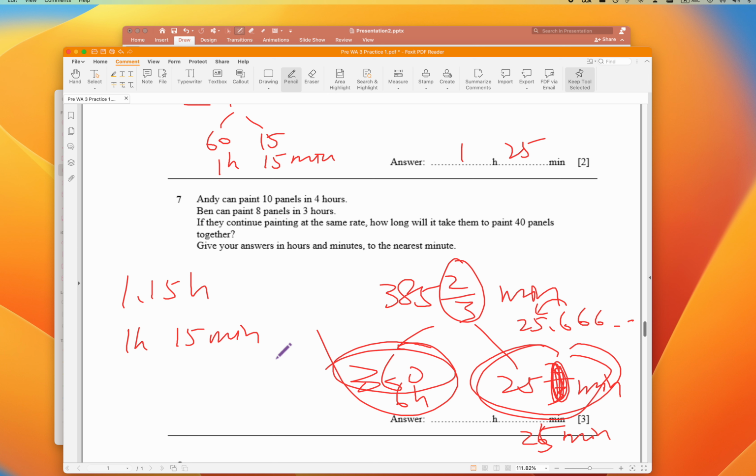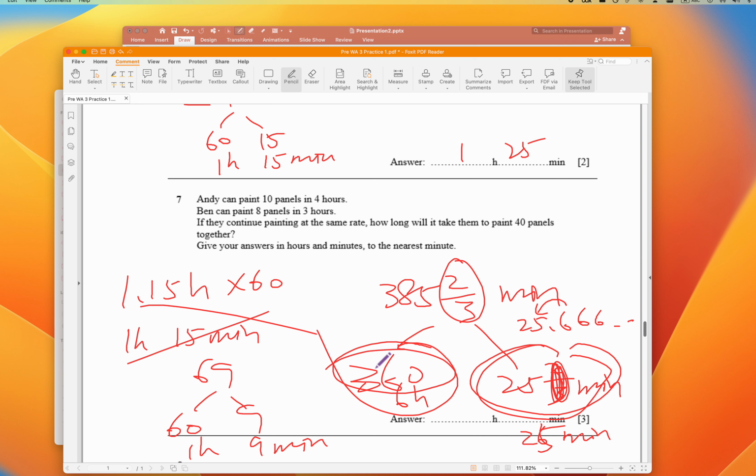Wrong. You should convert this to minute first. What do you have? 1.15 times 60. I'm not doing your question, I'm doing my question. 1.15 times 60 is 69. So you split 60 and 9. So 1 hour and 9 minutes. Not this.